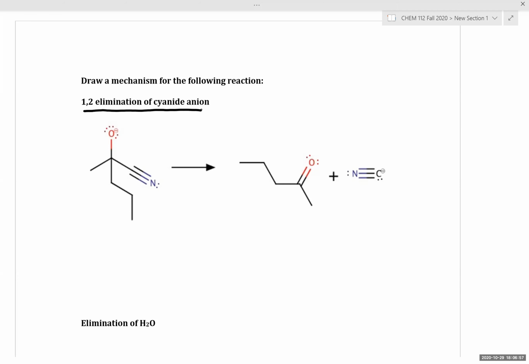Let's give everyone a little bit more time to work through this problem and to try to propose a mechanism for this reaction and showcase this step using arrow pushing notation. And we'll discuss in another minute to a minute and a half.